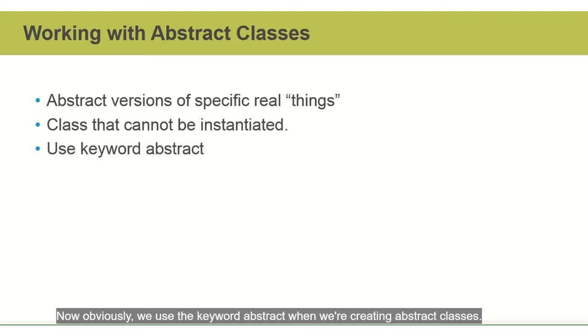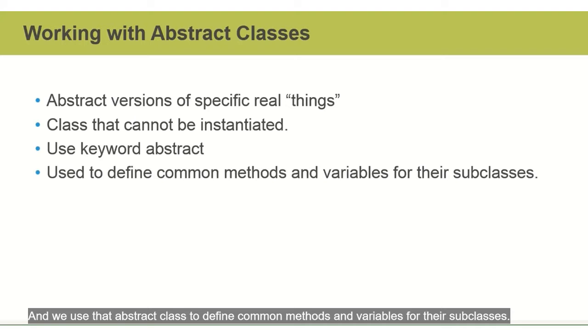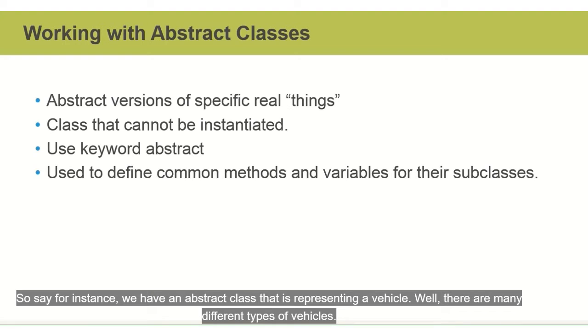Now, obviously, we use the keyword abstract when we're creating abstract classes, and we use that abstract class to define common methods and variables for their subclasses. So say, for instance, we have an abstract class that is representing a vehicle. Well, there are many different types of vehicles.